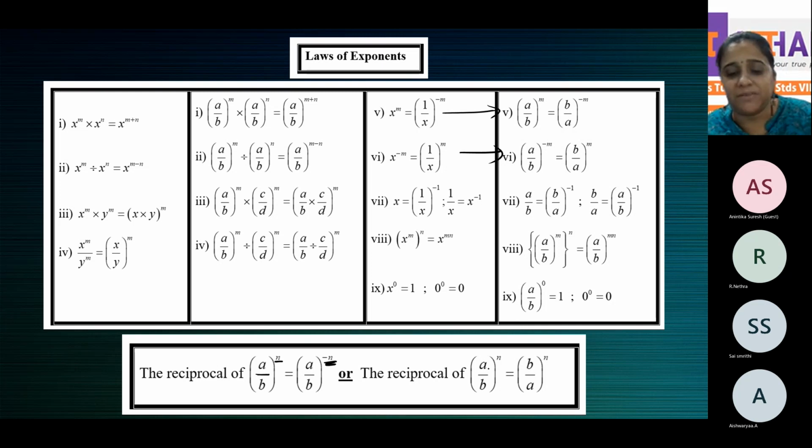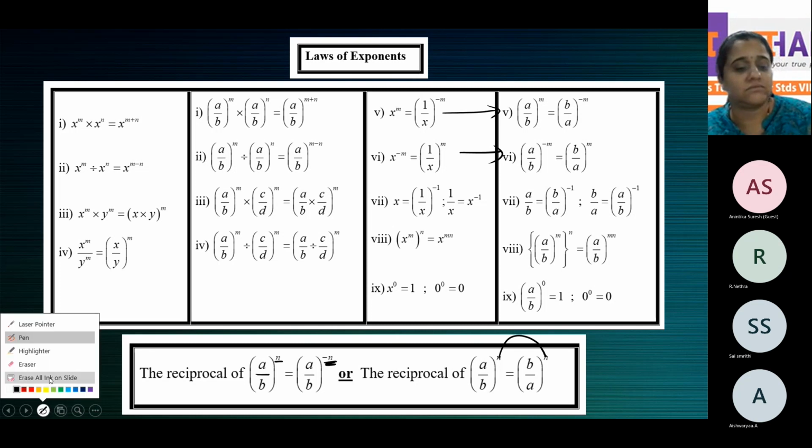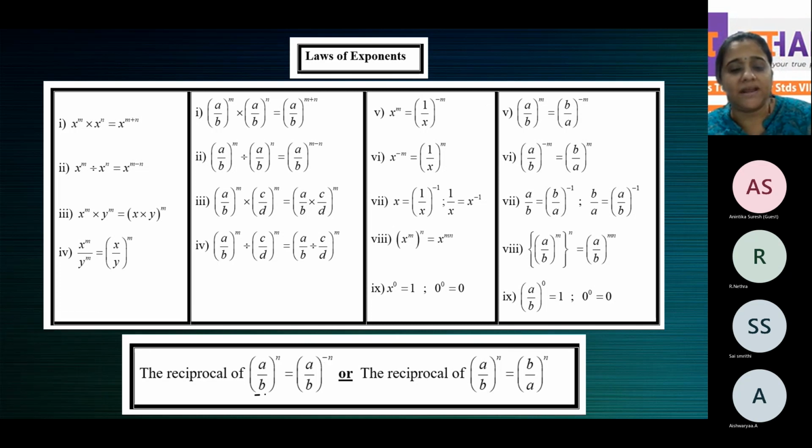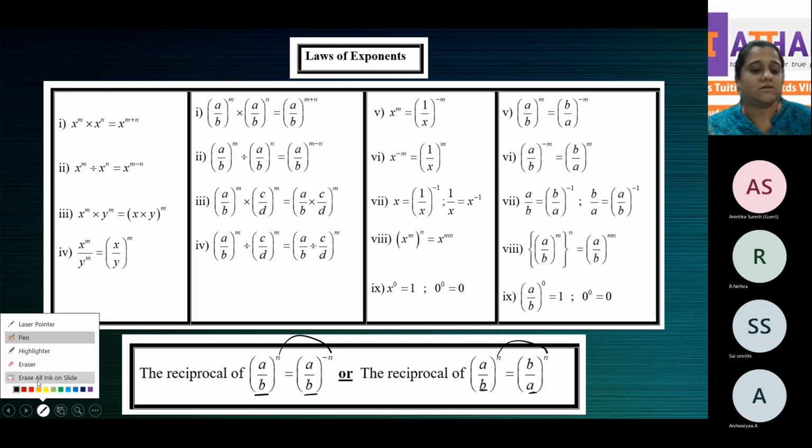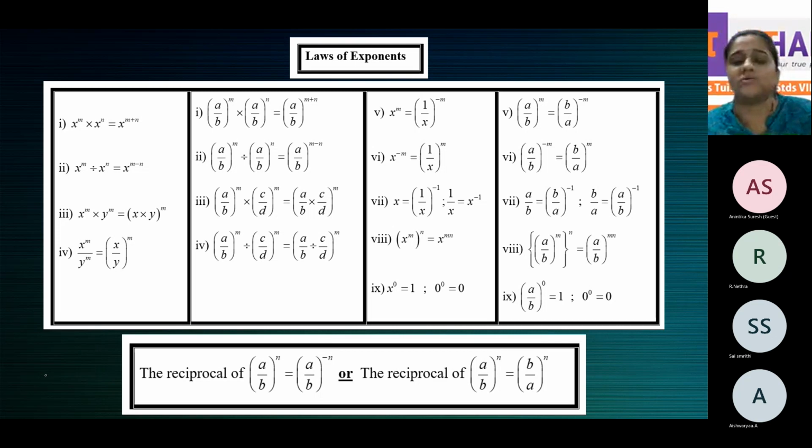Or, if you write n as it is, take the reciprocal of the base, b by a. If you write a by b as b by a, then you have changed the base, so write the power as it is. Okay, so that's about writing the equivalent and reciprocals.